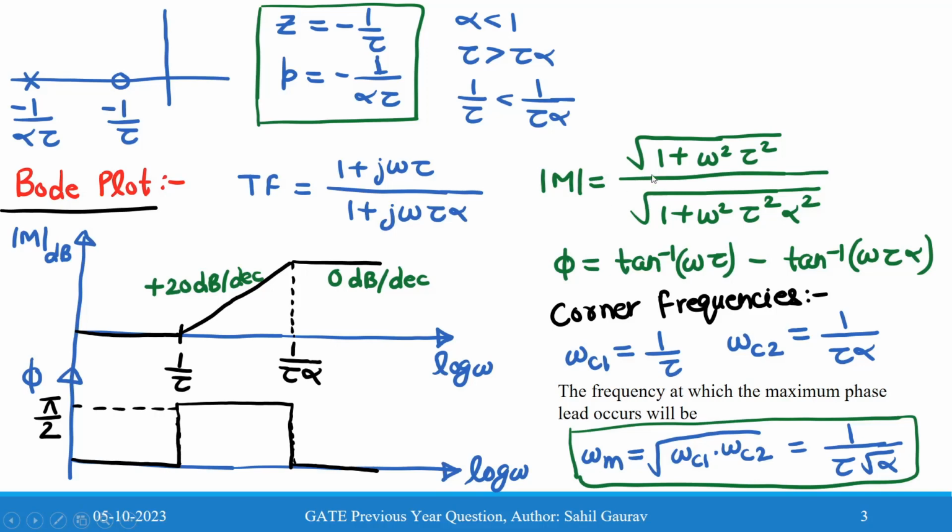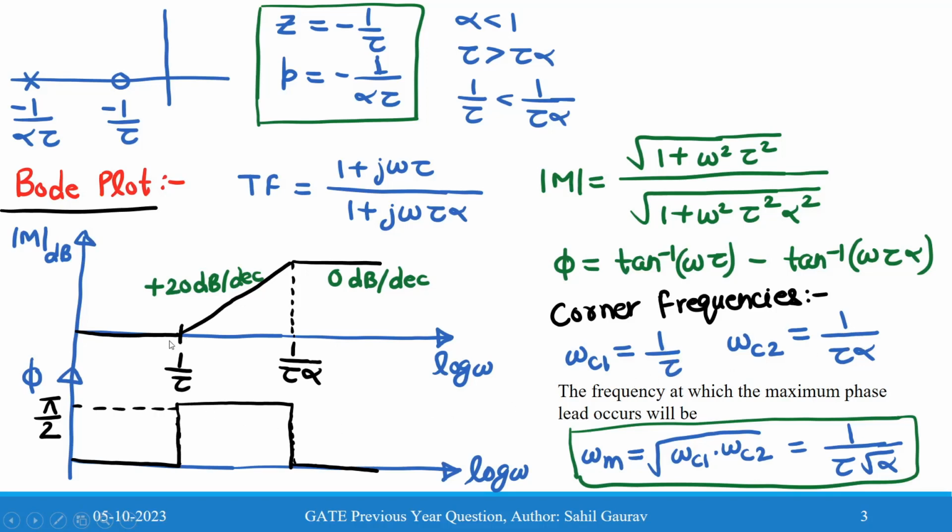The magnitude is the square root of (1 + omega squared tau squared) divided by the square root of (1 + omega squared tau squared alpha squared). The phase angle is tan inverse of omega tau minus tan inverse of omega tau alpha, where tan inverse omega tau is the phase angle of the numerator and tan inverse omega tau alpha is the phase angle of the denominator. So we can see that there are two corner frequencies, at 1 divided by tau and 1 divided by tau alpha.